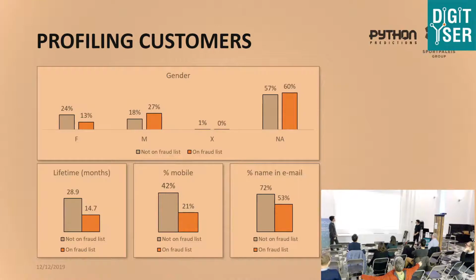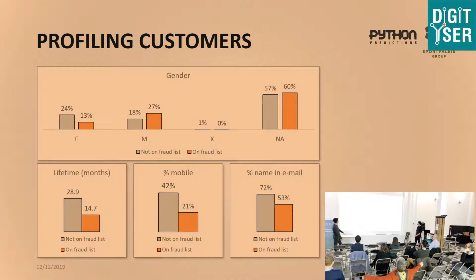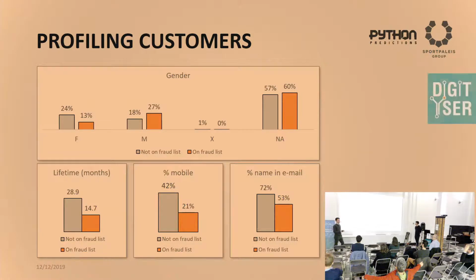No, doesn't follow. Two was the lifetime, which is very intuitive as well: fraudulent customers are more recent customers. They just create an account and buy the tickets, while the more loyal customers are probably less likely to commit fraud. Also a bit related to gender was the mobile number. They don't often fill in a mobile number, but still 20% fill in maybe not a correct mobile number, but they do fill in a mobile number.